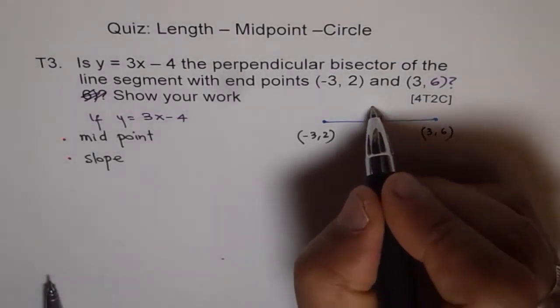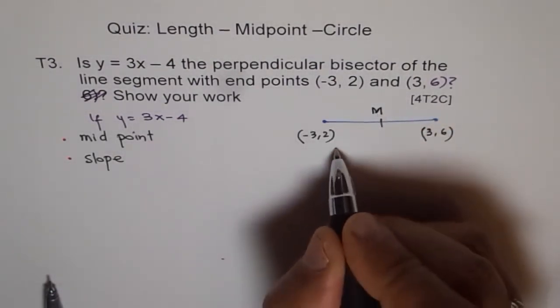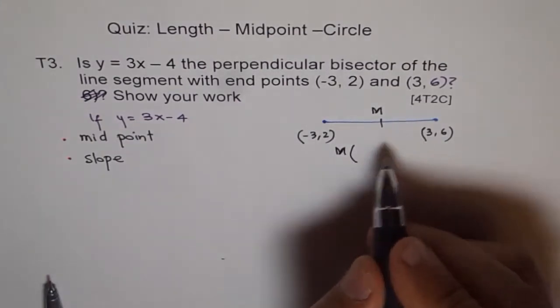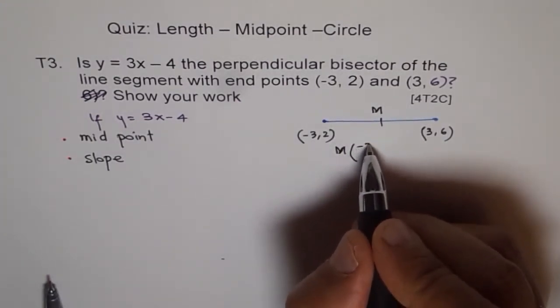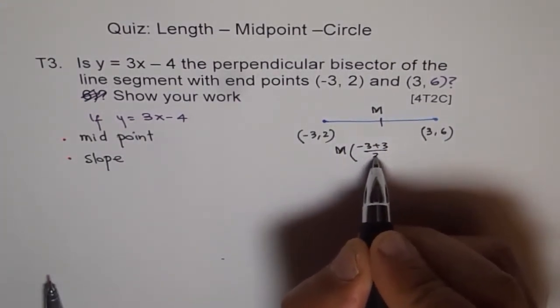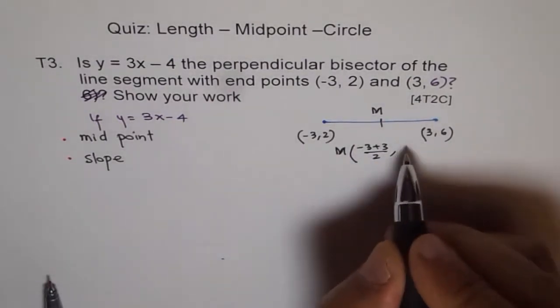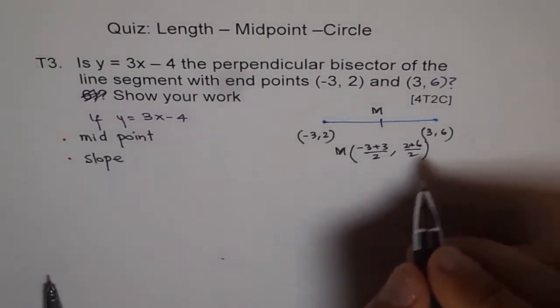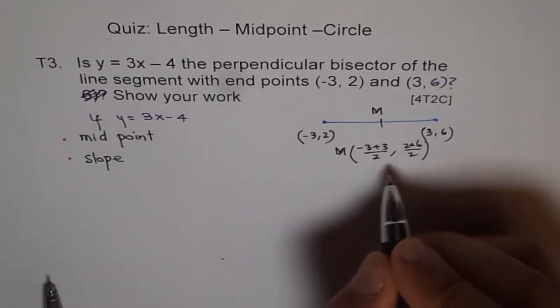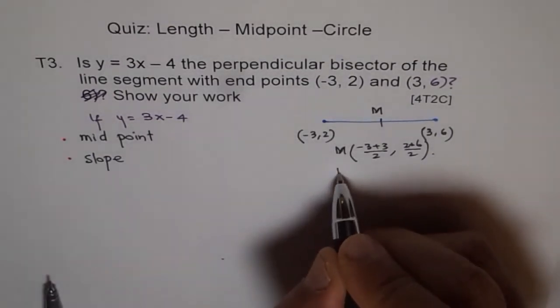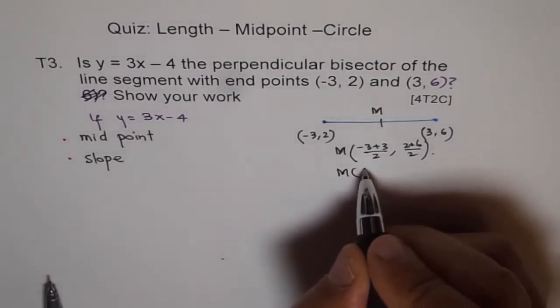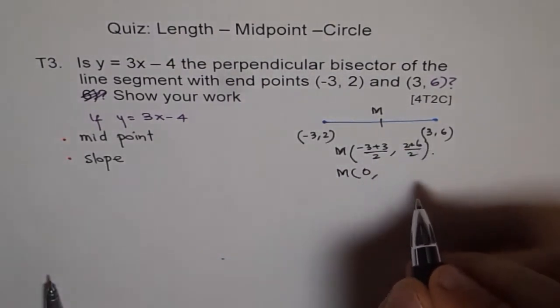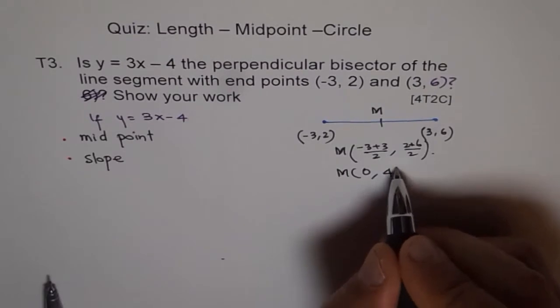So m is my midpoint, and m should be equal to, add them, that is minus 3 plus 3 divided by 2 is the x value, 2 plus 6 divided by 2 is the y value, which gives us the midpoint as 0, and 2 plus 6 is 8, divided by 2 is 4. So 0, 4.